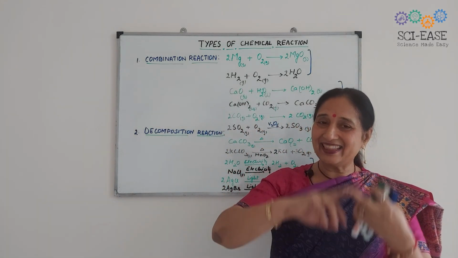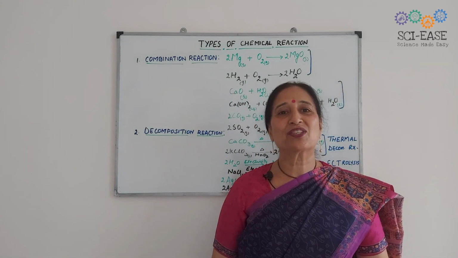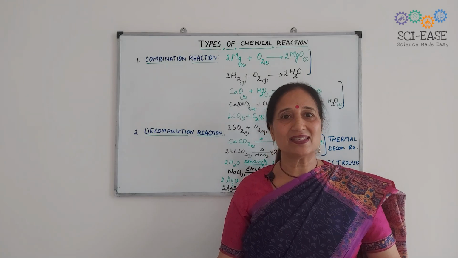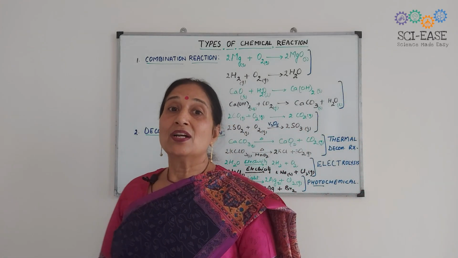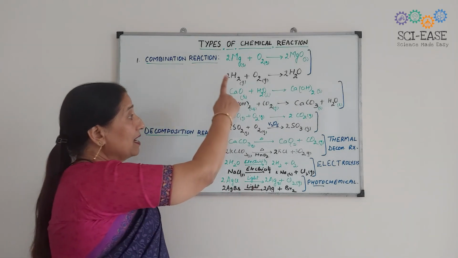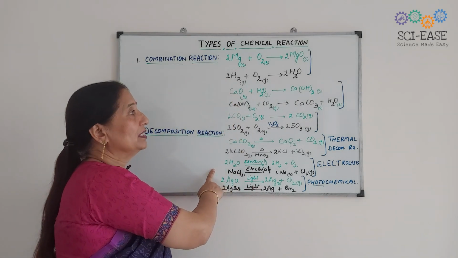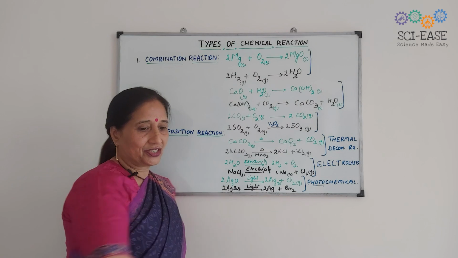So this is again the decomposition of a complex food into simpler substances. This is an example that you should know. So these are the two types of chemical reactions.